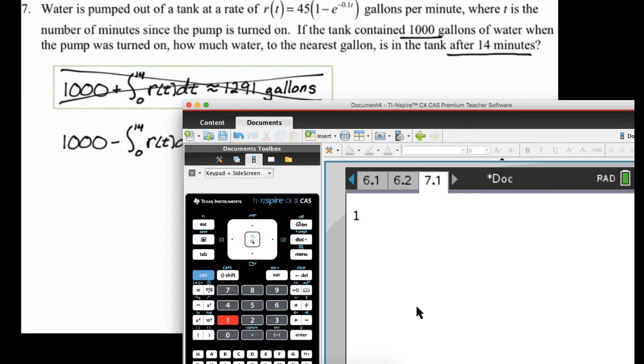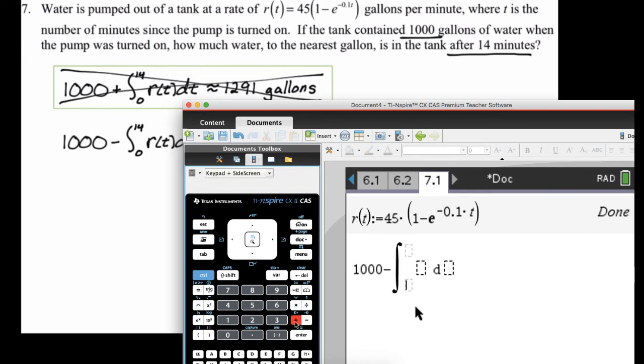All right, so R of t is 45 times the quantity 1 minus e to the negative 0.1 t gallons per minute. Then I'm going to do 1,000 minus the integral, so that's shift plus, from 0 to 14 of r of t dt.